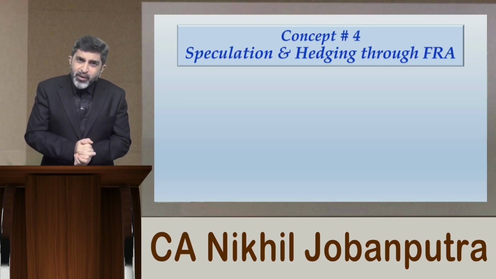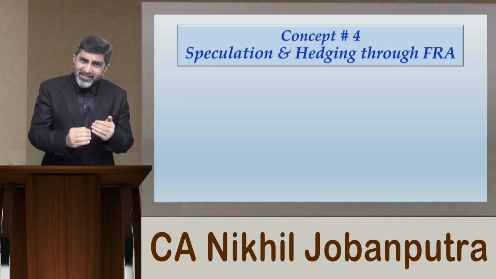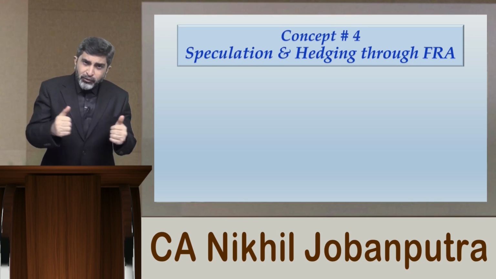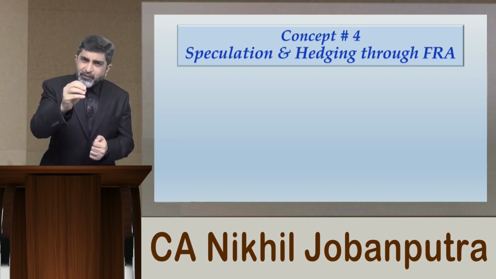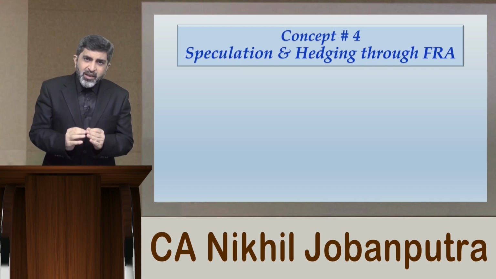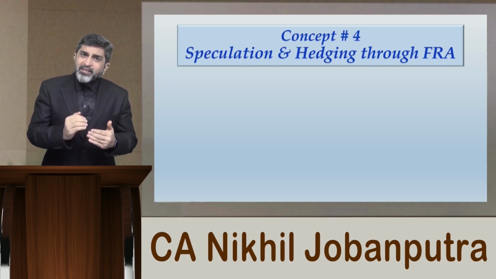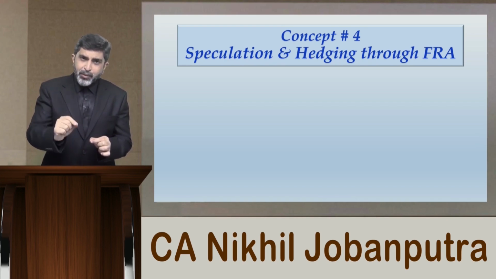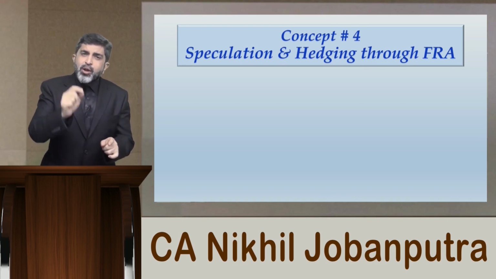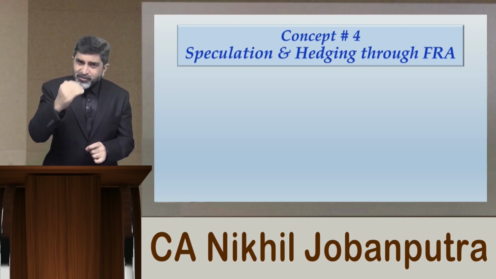So what I'm going to do is I'm going to take up an example to explain you this whole thing, that is how to speculate through FRA. This example is one of the questions given in your textbook, but over here the example conveys a lot of conceptual matters, and therefore I would want you to write that example even though it is given in your book. I am requesting you all to please write up that example systematically.